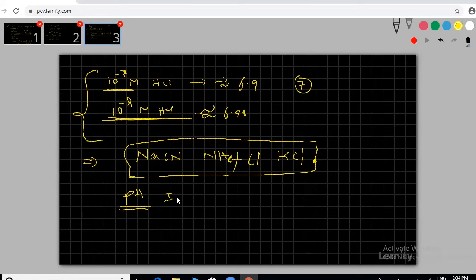So I'm asking increasing order, means from low pH to high pH. Which one has highest pH and which one has lowest pH? Can you find?